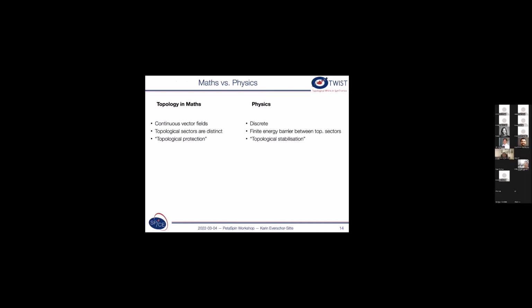So as Berger already nicely explained in his talk, there is a difference between math and physics. So in math, we look at continuous vector fields. And in physics, at some point, at least on the size of the atoms, we become discrete. So therefore, in math, you can say that topological sectors are really distinct, and there's no way to go from one class to another class.